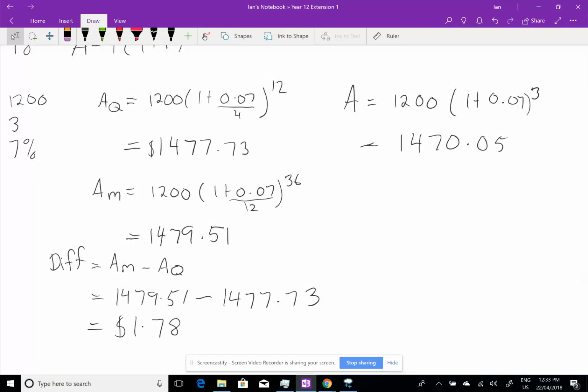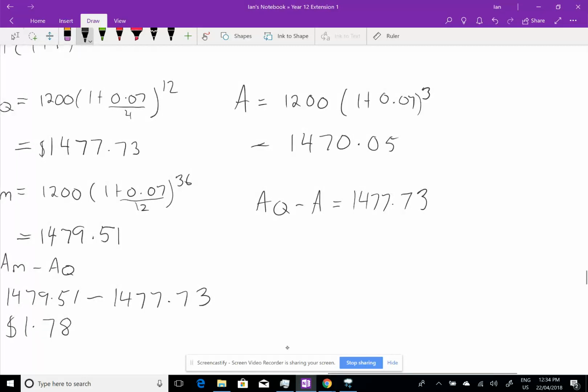So AQ, the difference, minus just annually, is 1,477.73 minus 1,470.05. And I get $7.68, which is the correct answer.